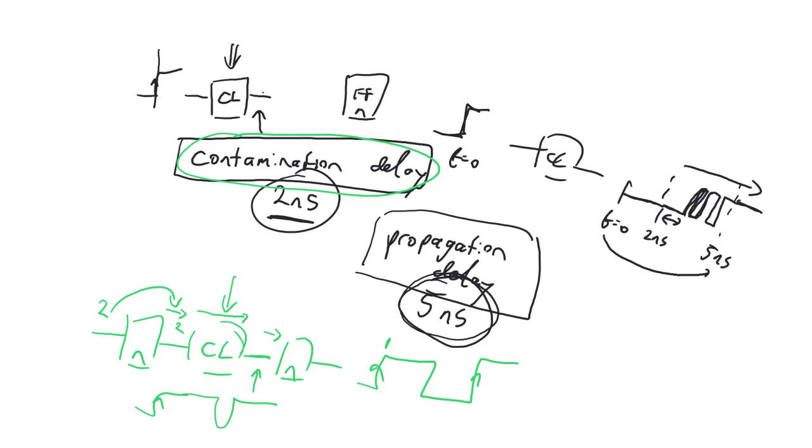The worker has to have finished processing this number, putting the tomato on the hamburger, before this flip-flop takes a photograph at the next rising edge. So the time it takes to process is given by the propagation delay. And that's why contamination delay and propagation delay are important when trying to figure out if this circuit here is going to work.